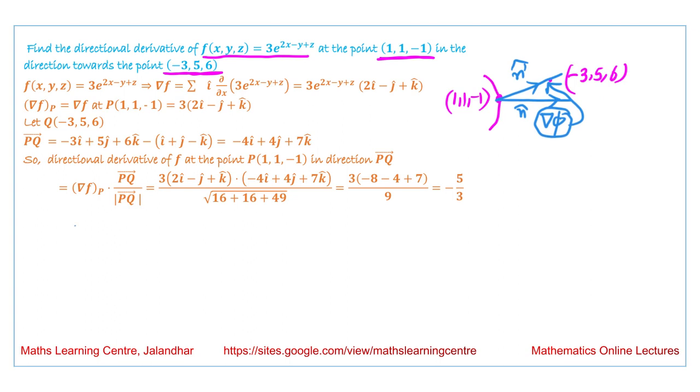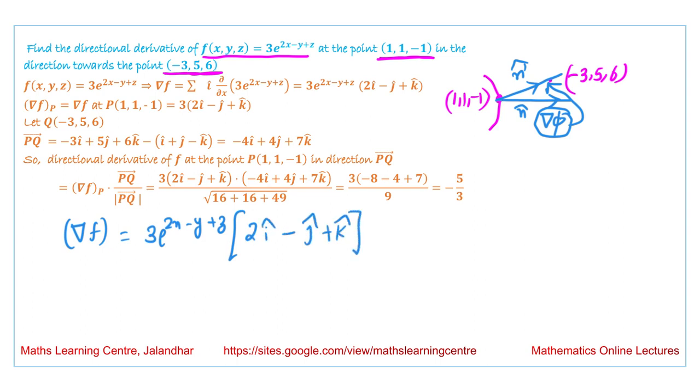First of all, we calculate the gradient. Del of f is equal to 3e raised to the power (2x minus y plus z), and the partial derivatives give 2i cap minus j cap plus k cap.